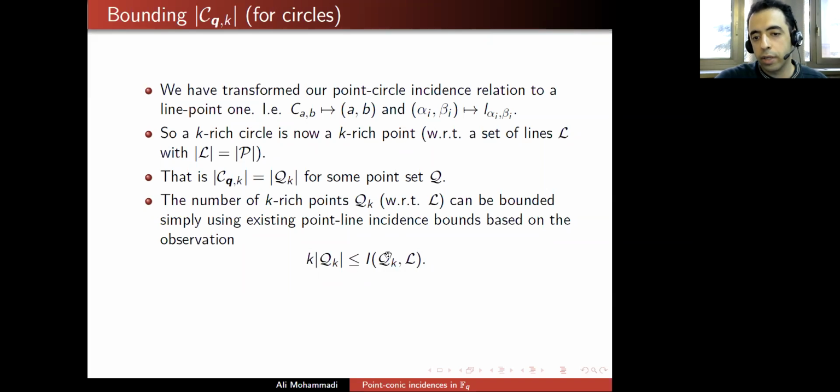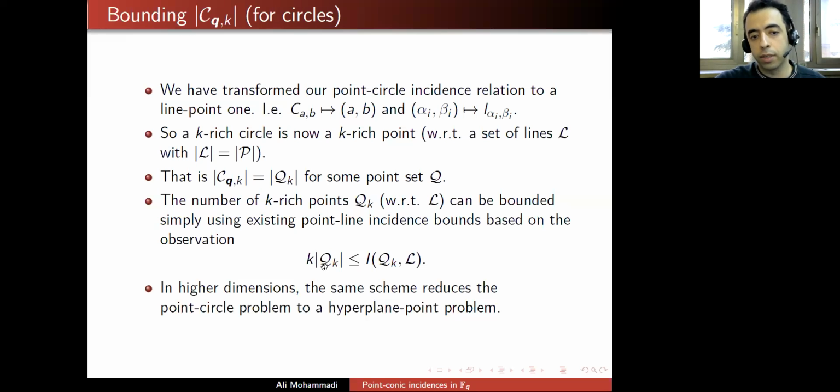And you apply existing point-line incidence bounds on this, you get something on the right-hand side. You just switch things around, you get a bound on this Q_K. So a bound on K-rich points gives you a bound on K-rich circles going through Q, and we're basically done.